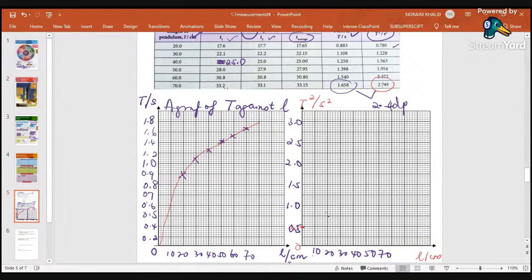Transfer the first point, nearly here. And 1.228. And 1.56, the next 40, 1.56.